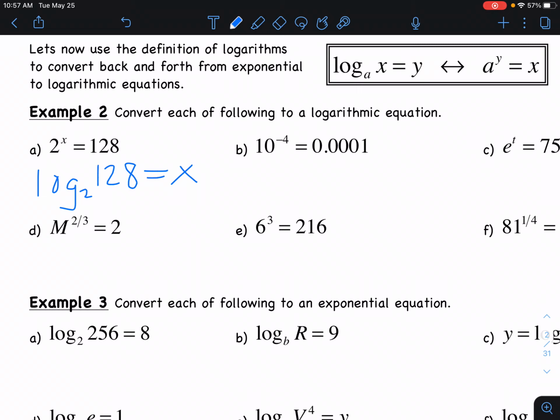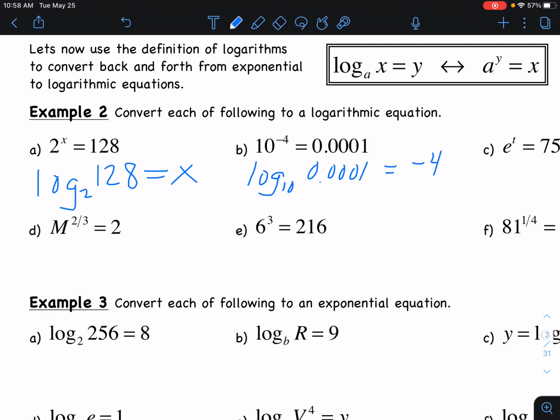Okay, let's try letter B. So log, it would have a little base 10, because the power's base is 10. And then log base 10 of 0.0001 equals -4.